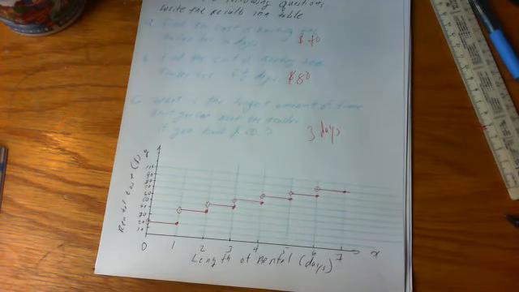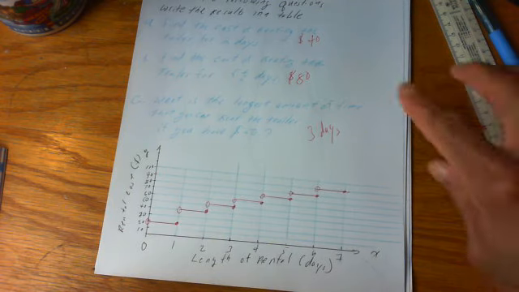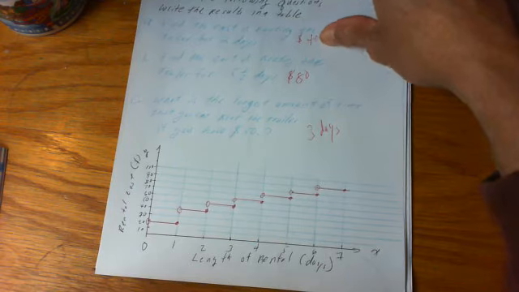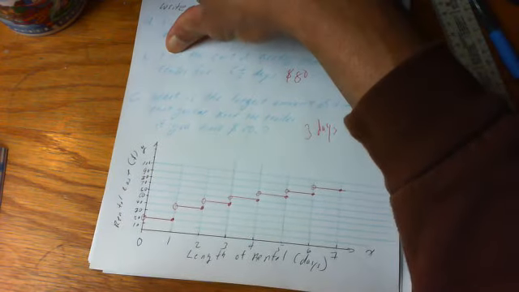Now, our question says use the step graph shown below to answer the following questions and write the results in a table. So these are our answers, but now let's put this in table form.